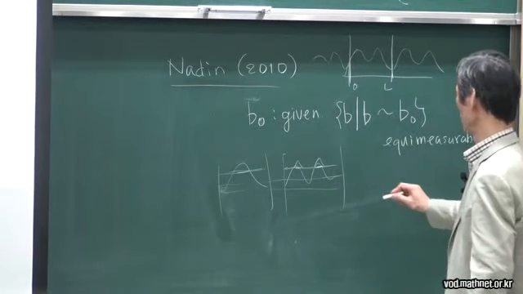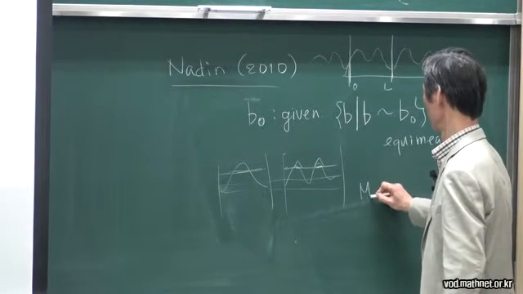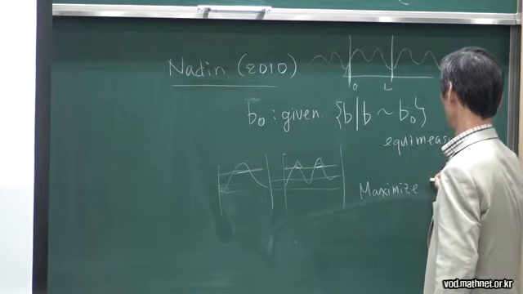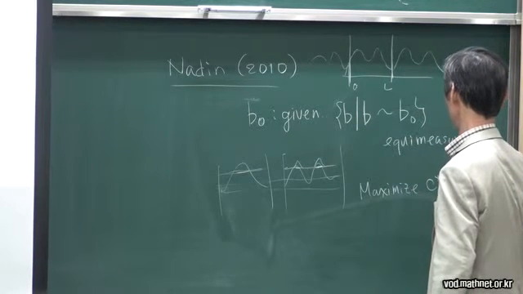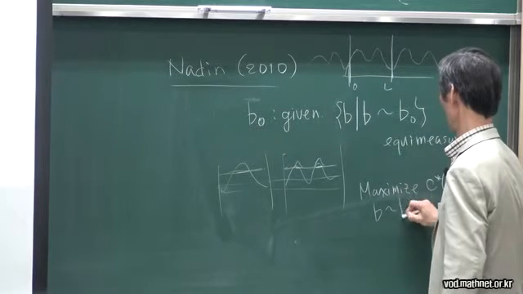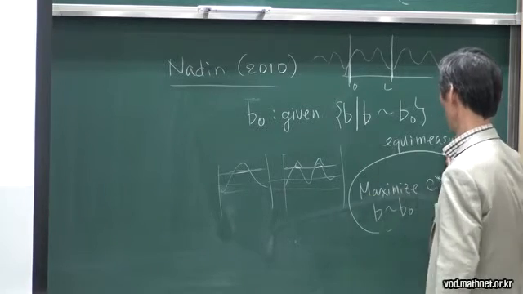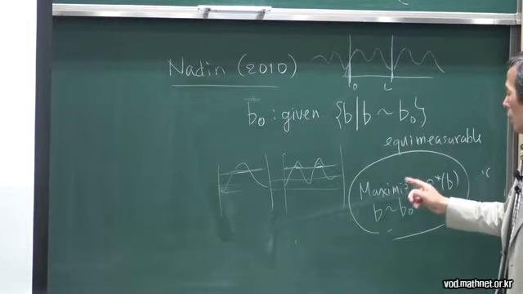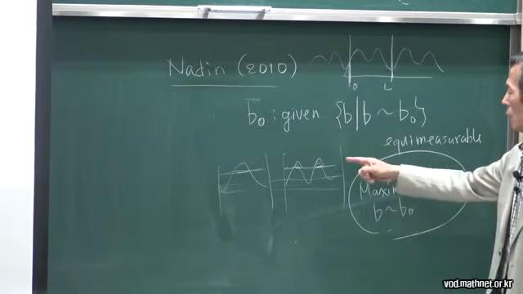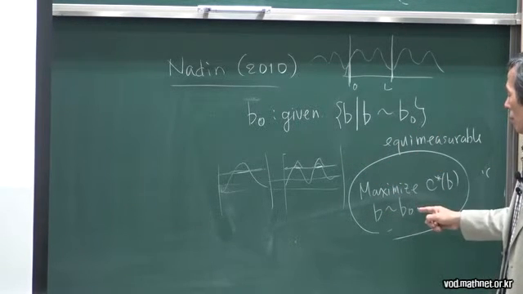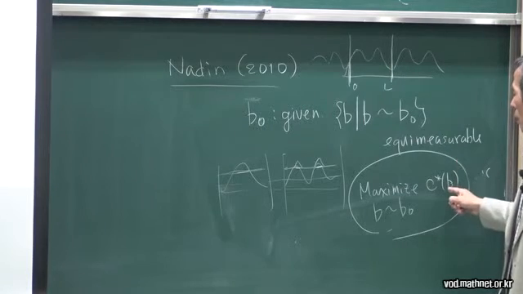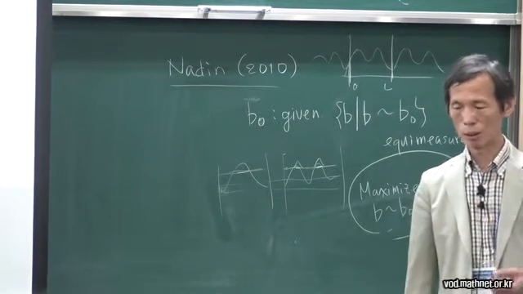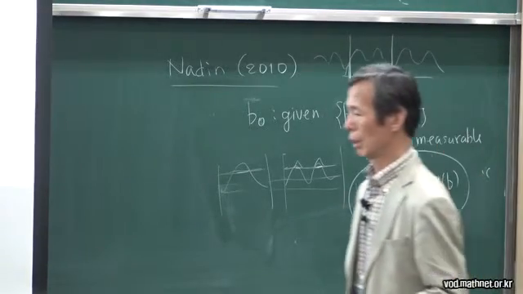Then maximize C star B. Fix B0 and consider all B that are equimeasurable to B0. Which B gives the fastest speed? So he considers this.